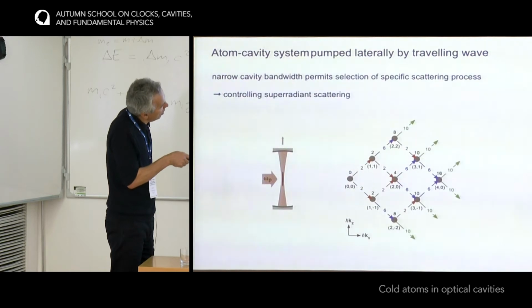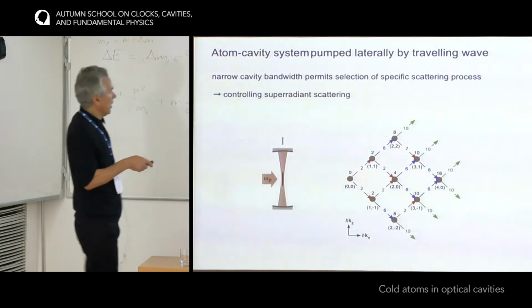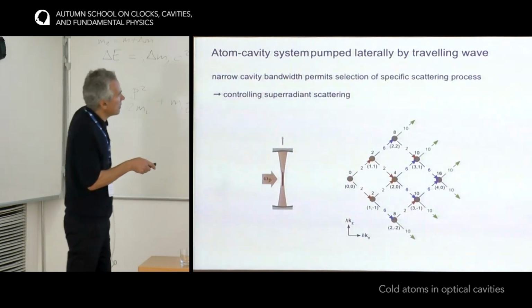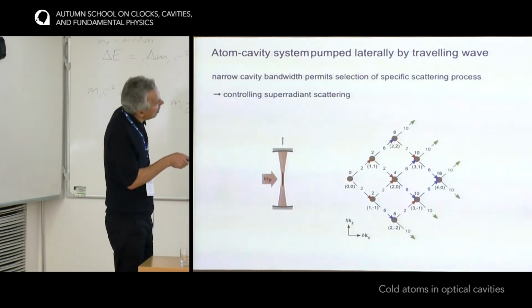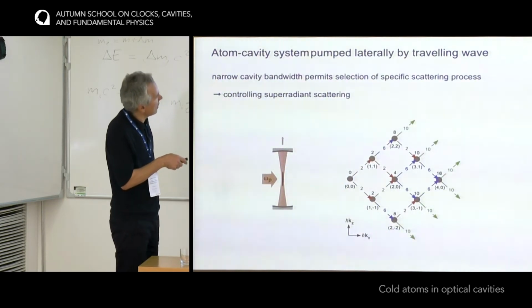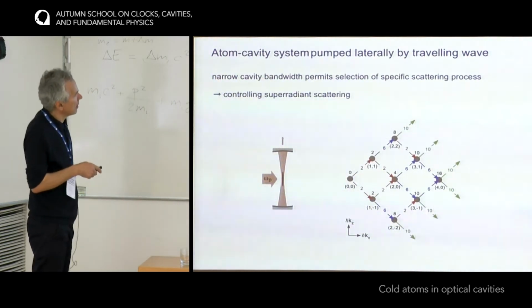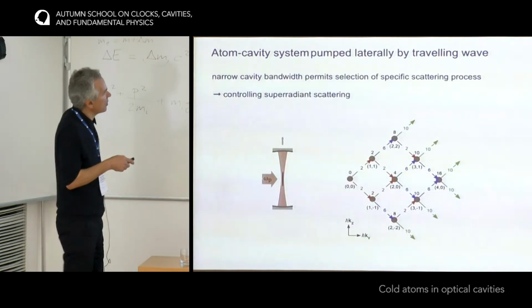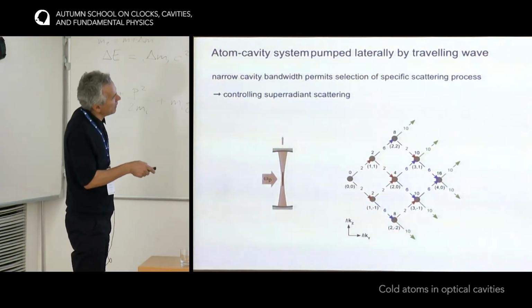So all the processes indicated by red arrows are connected with an energy transfer of 2 recoil energies, whereas all the blue arrows indicate processes that take 6 recoil energies transfer, and here's the shell of 10 recoil processes.